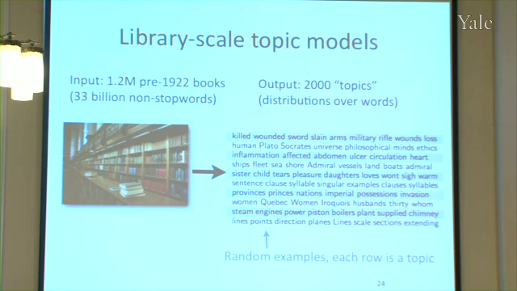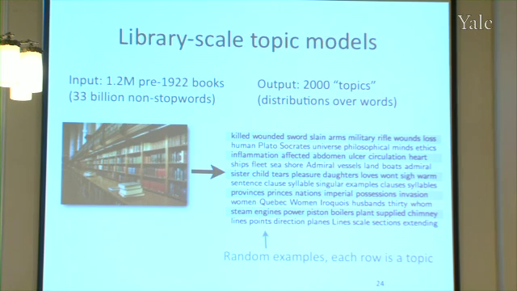So what you see is that first theme, the most frequent word is killed, second most frequent wounded, then sword, slain, arms, military. And you can see that the contents of this collection are fairly well summarized by this.